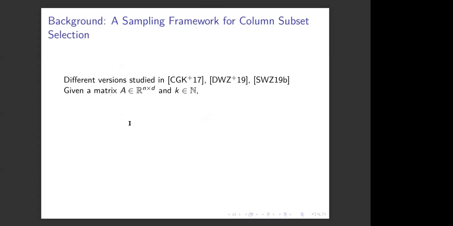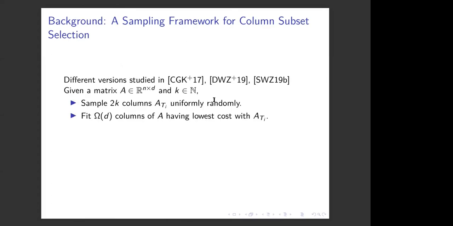So our algorithm is based on an algorithm which has been studied in these 3 recent papers. So let me just give an overview of that algorithm first from this previous work. The way this algorithm for selecting columns works is if you have an n by d matrix and a desired rank, then to select a good subset of columns, you first sample 2k columns uniformly at random.